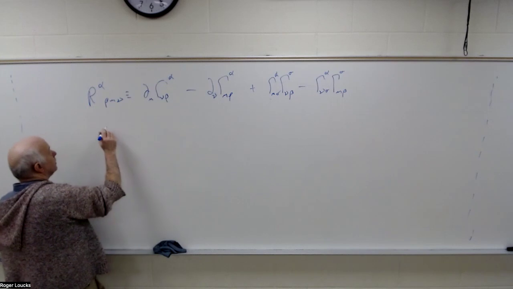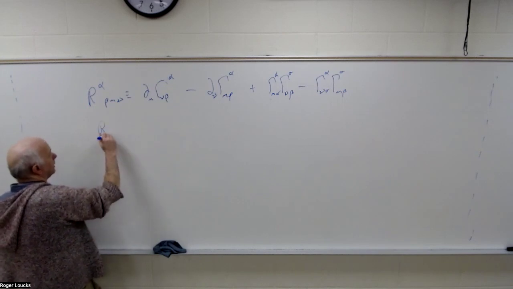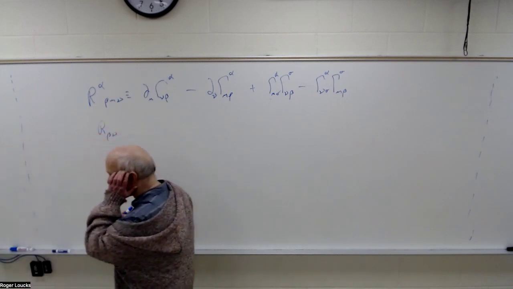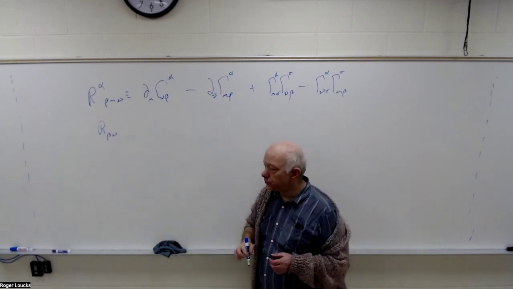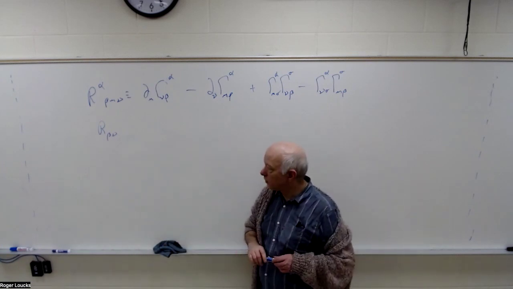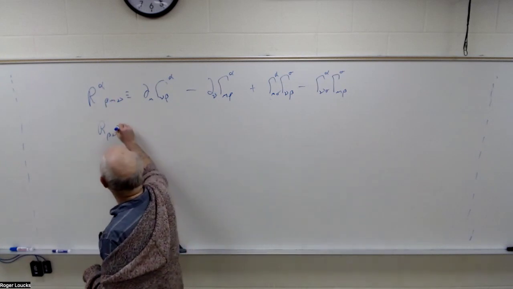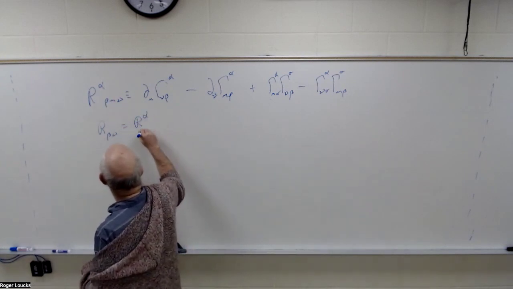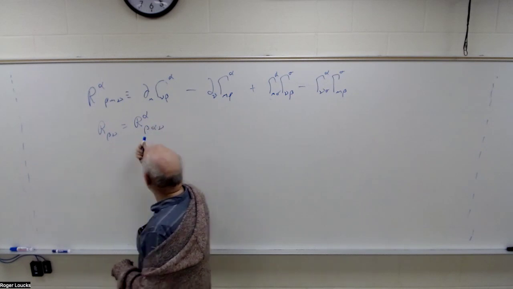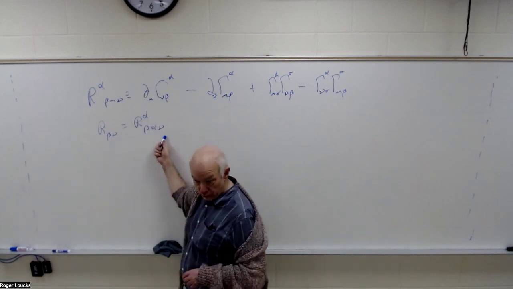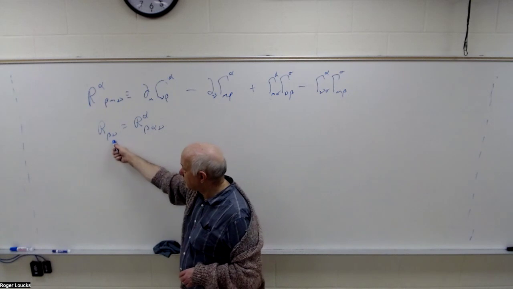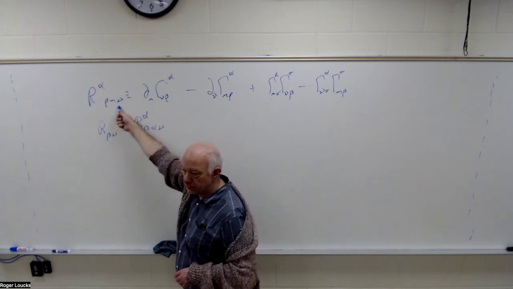Okay. Now, if I want to lower this, if I want to make this rho tau beta mu nu, actually, let's do a couple things here. Suppose I want R beta nu. What do we do for R beta nu? You set alpha equals mu, we sum on these guys here. So this is going to be R alpha beta alpha nu. And so we're summing on these, so there's actually 4 terms here. Okay, and what is this one called?